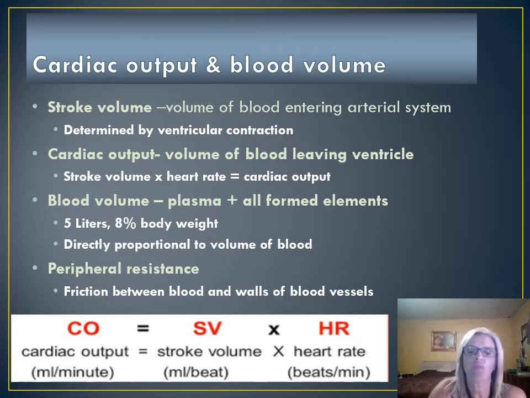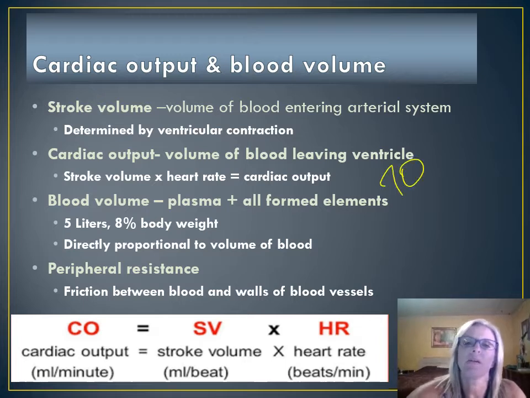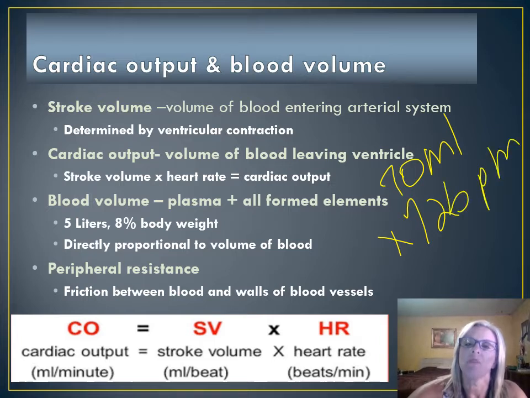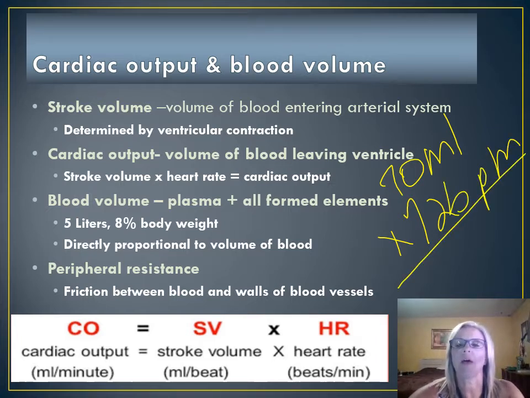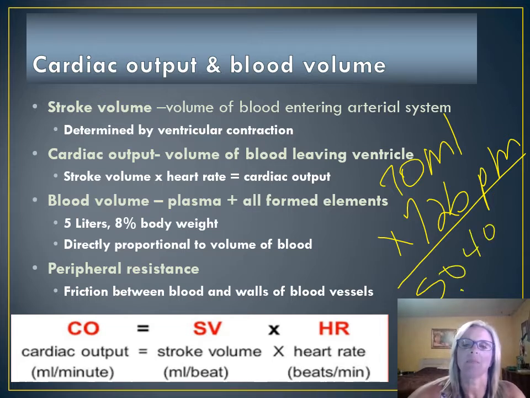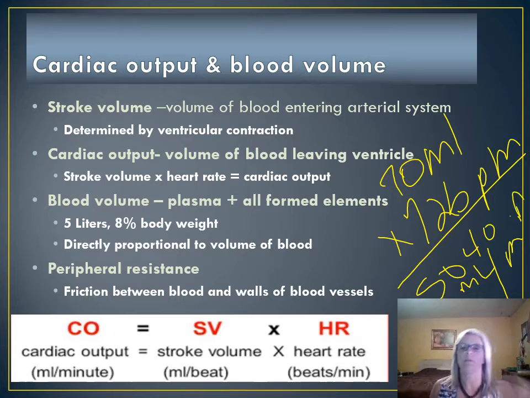So if we, for instance, had a stroke volume of 70 milliliters, and 72 beats per minute for your heart rate, your cardiac output then would be 5,040, and that's milliliters per minute. All right, milliliters per minute.